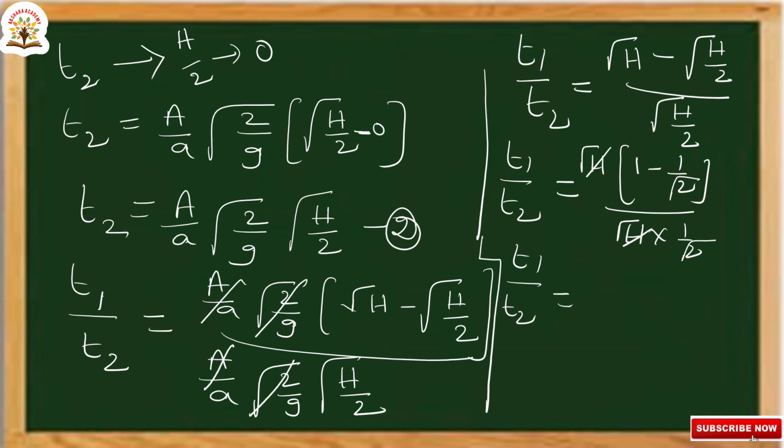Taking LCM, root 2 minus 1 by root 2 divided by 1 by root 2, the reciprocal, root 2 by 1, root 2 cancels.